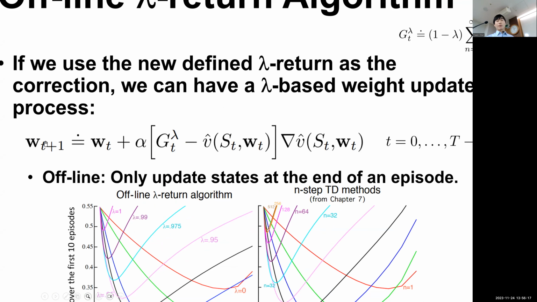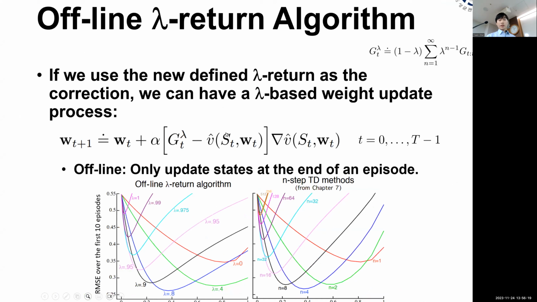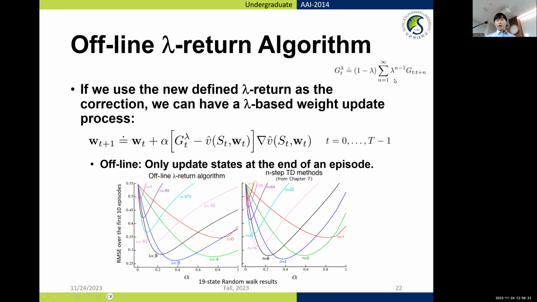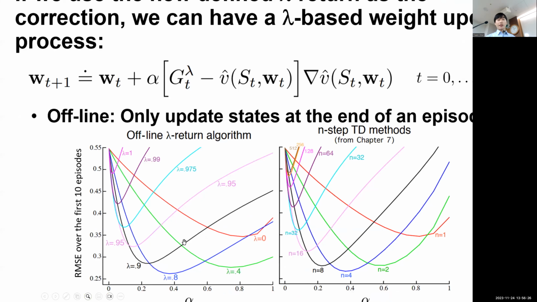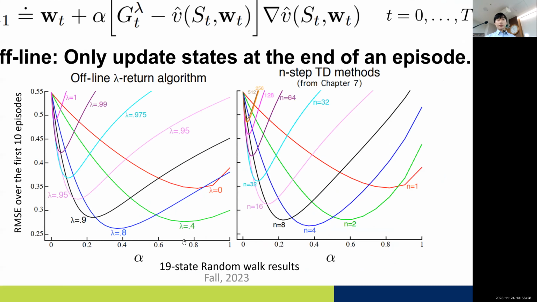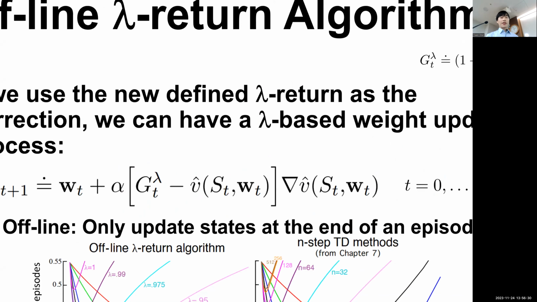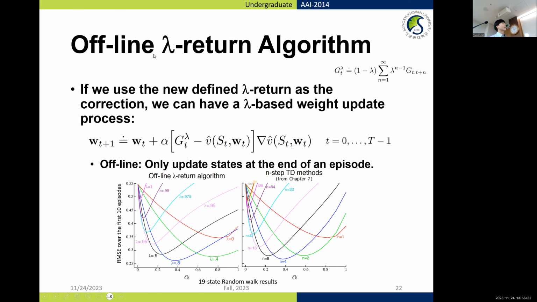Since it is called the offline lambda return, it means we cannot update the state in real time.